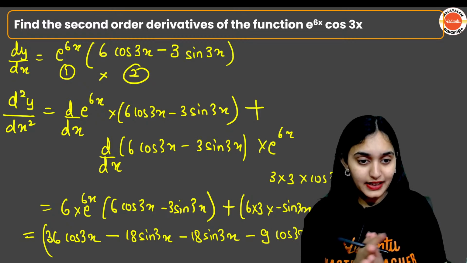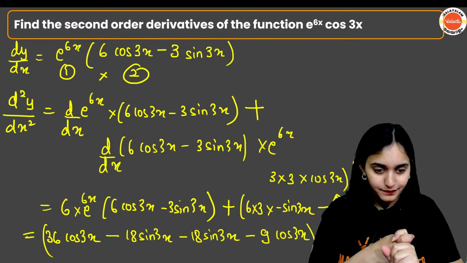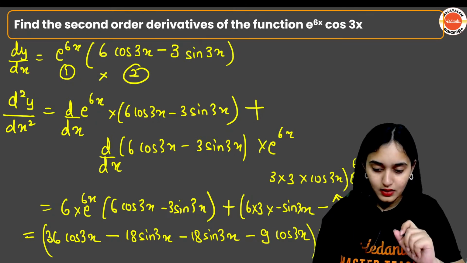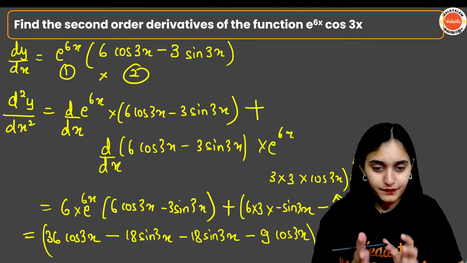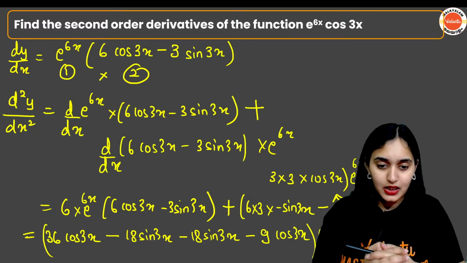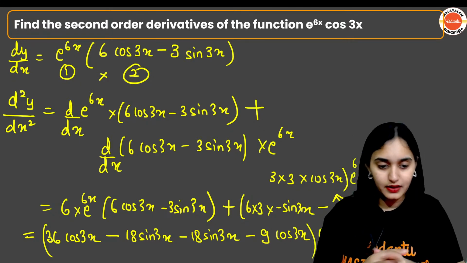So finally, is our sign coming correct or not? Cos 3x and minus sin 3x, correct. When we differentiate this, cos 3x becomes minus sin 3x, minus sin 3x becomes minus cos 3x, correct.